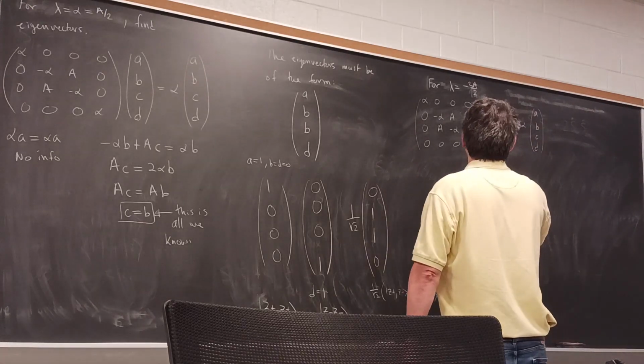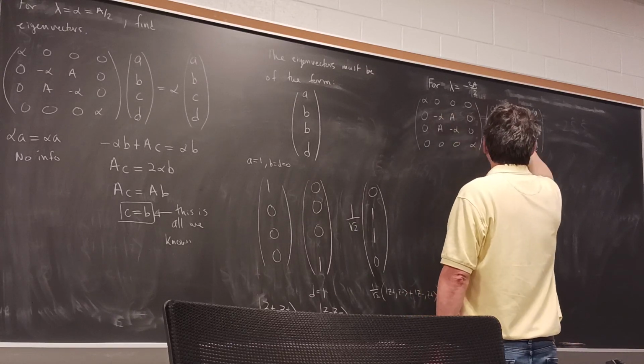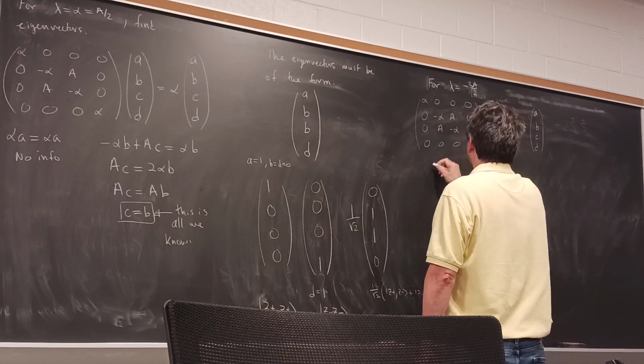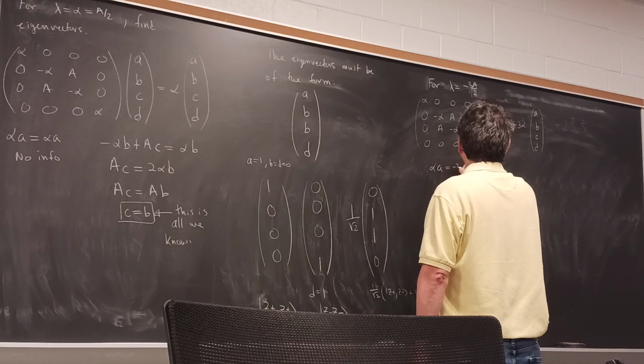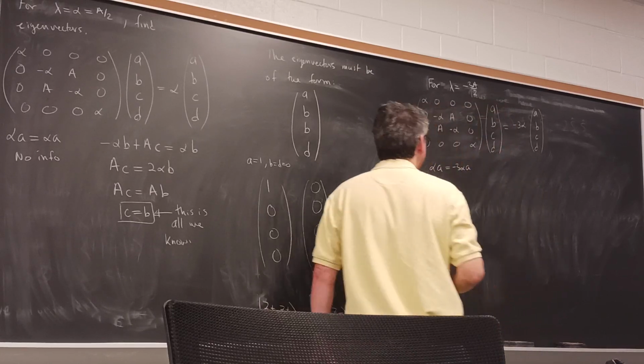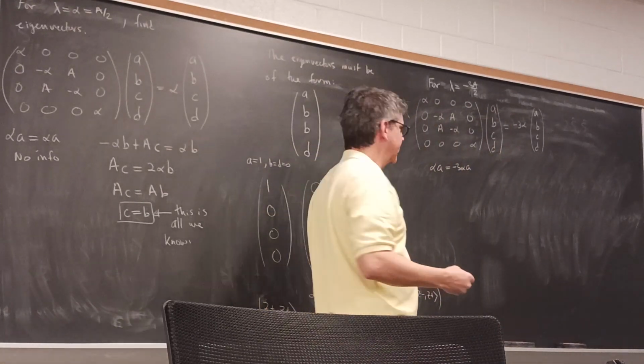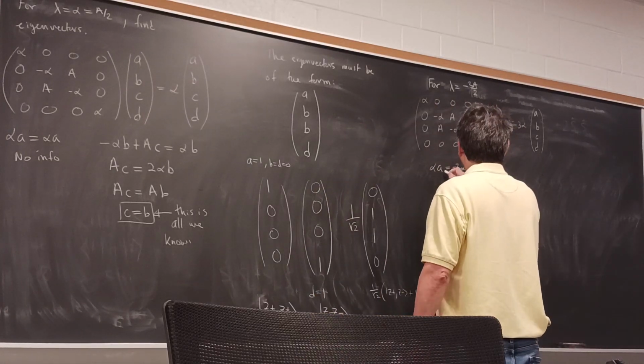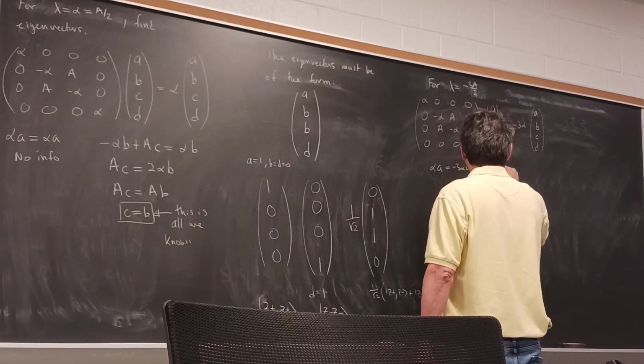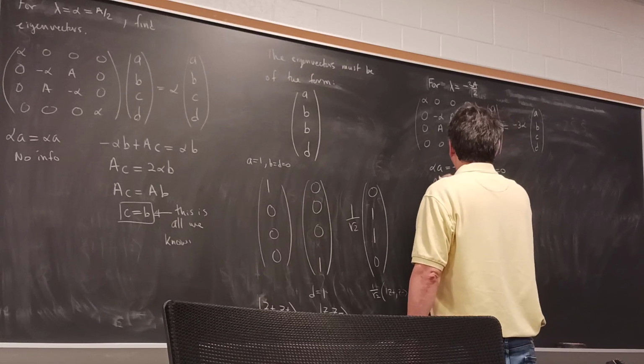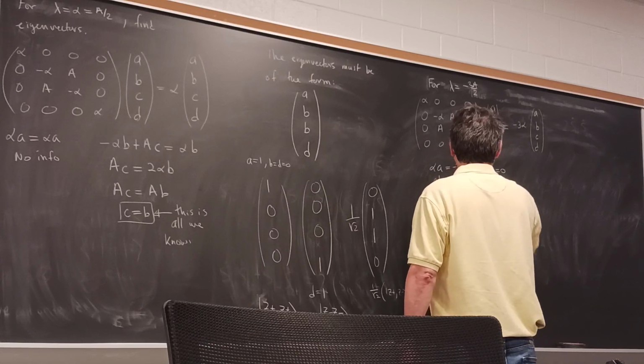Okay, so let's see, what are we going to find here? Well, the first line is going to give us alpha a equals minus 3 alpha a. Right, so a has to be 0. And then also we'll get d equals 0.